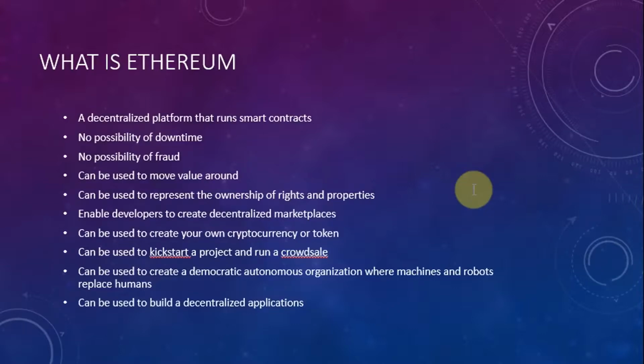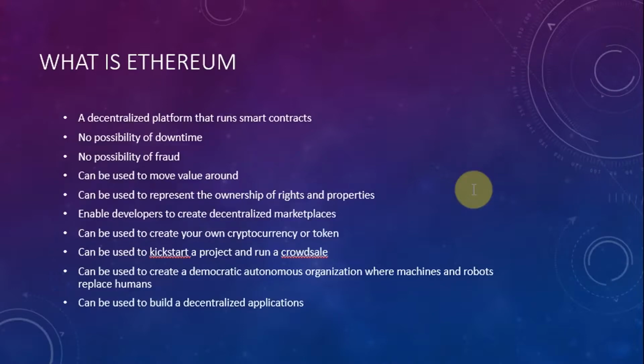Then Ethereum can be used to kickstart a project and run a crowd sale. Still, this is very important because of smart contracts. If you look at most ICOs today, ICO means initial coin offering. Most of them are actually created on the Ethereum platform, under ERC20 and different kinds of standards that Ethereum produces.